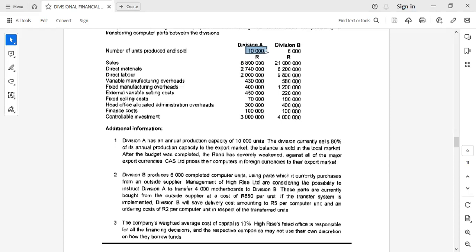After the budget was completed, the rand severely weakened against all of the major export currencies. CAS Limited prices their computers in foreign currencies in their export market.